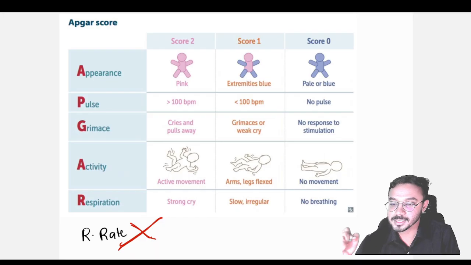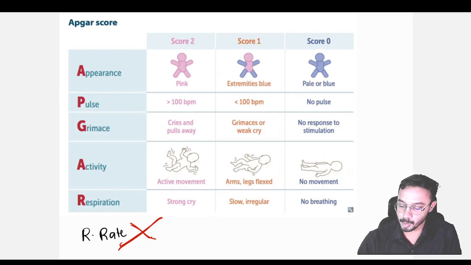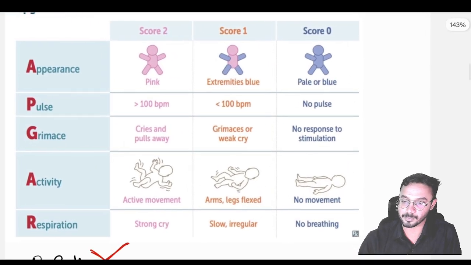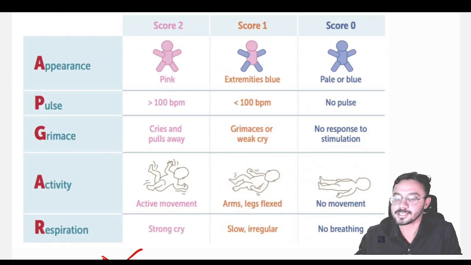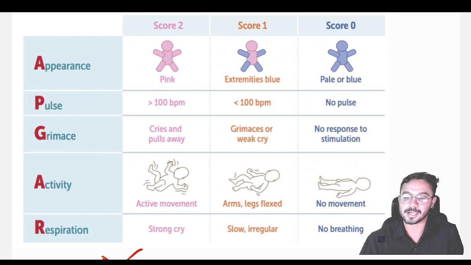If the baby is completely blue, all the body parts, so look at the diagram carefully, this is a very beautiful diagram, that is completely cyanosed, then you give the score 0. Okay, then what about the heart rate? If the heart rate is greater than 100, you are going to give the score 2.